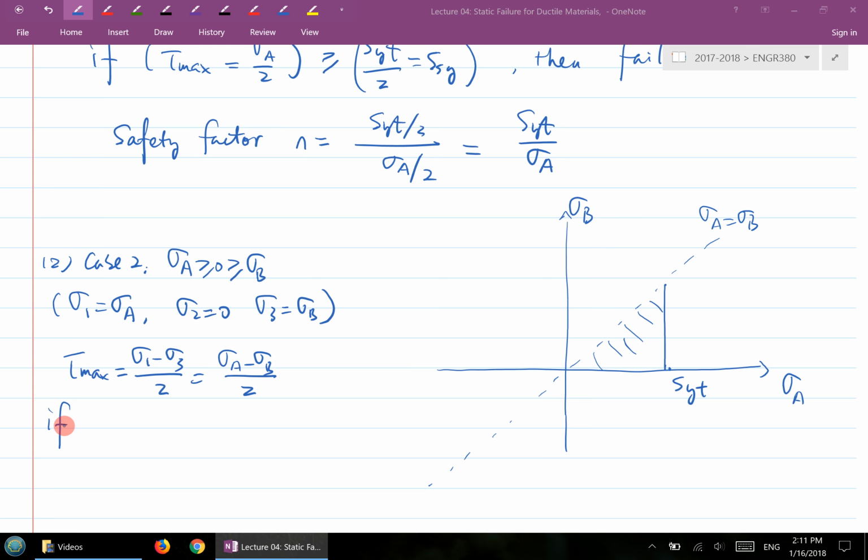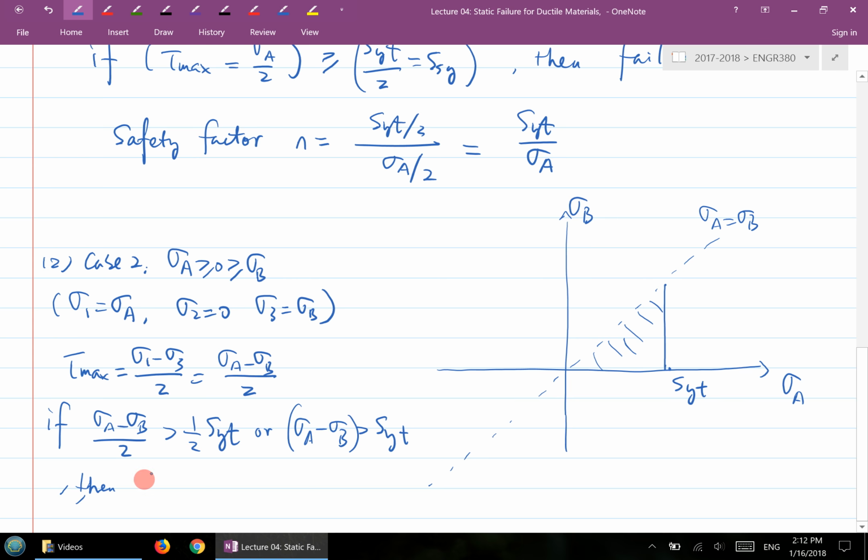If your sigma A minus sigma B over 2, which is your tau max, is greater than 1/2 SYT, or getting rid of the 2, if sigma A minus sigma B is greater than SYT, then we have a failure. Okay, so that's the point here.